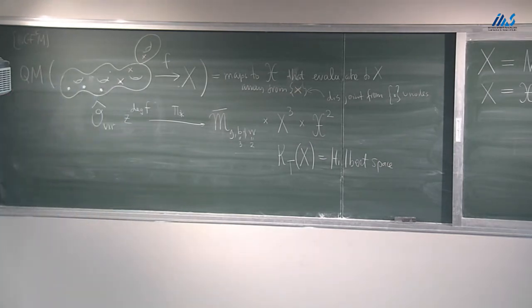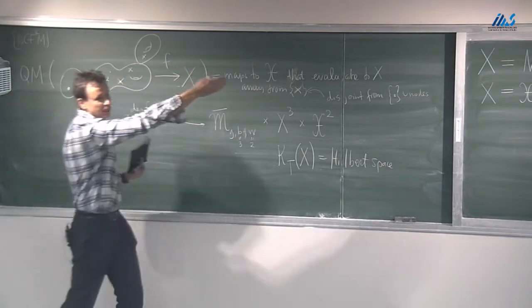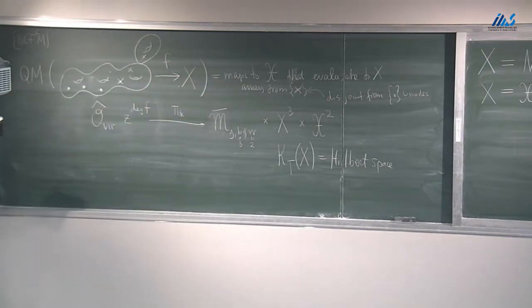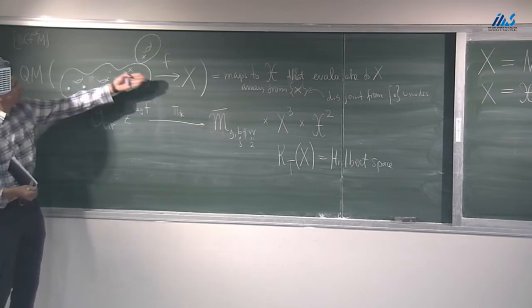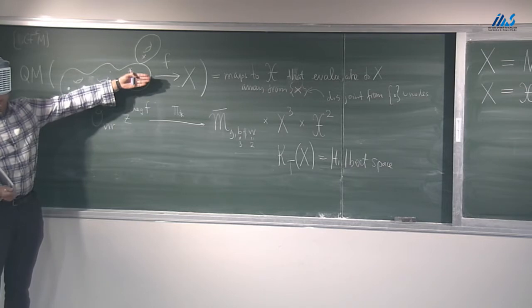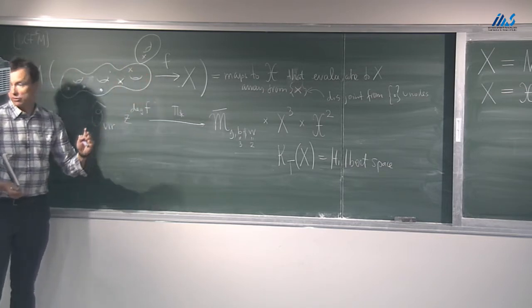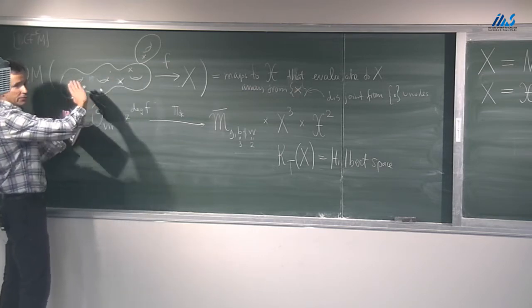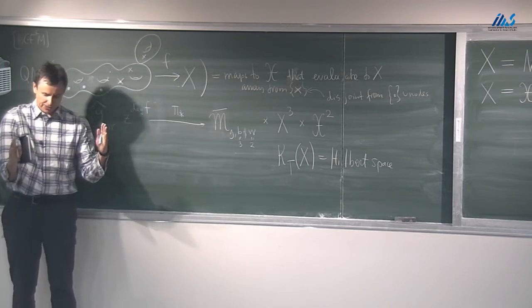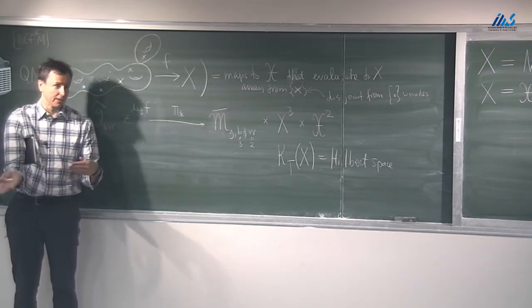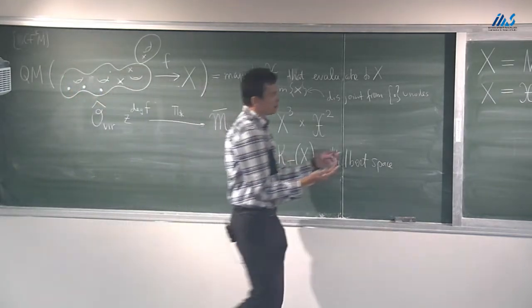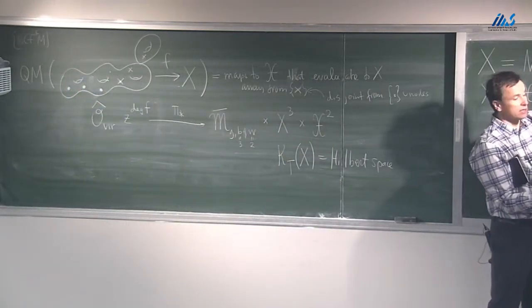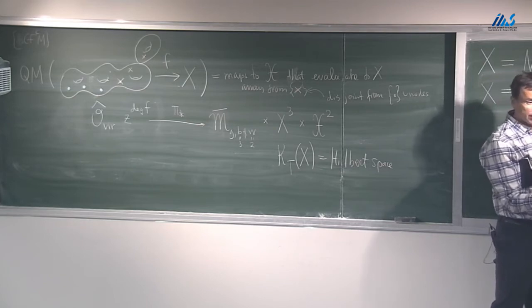If you have a group, in fact you can define this object not for maps into the stack, but for sections of a twisted bundle over your curve. By definition, a map to the stack is a section of some bundle, and the structure group of that bundle is the group G. But if you have an additional action of some group GF, you can also throw in a GF bundle there.